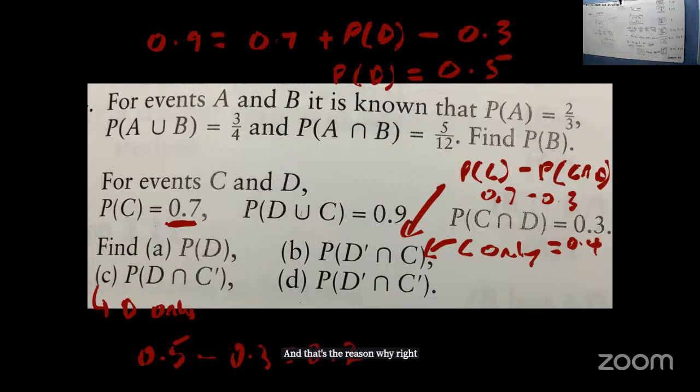All right, last part, Nathan. What is D? Look at the shaded thing here. That's everything outside. Everything outside what? A union B, right? So how do I get that?